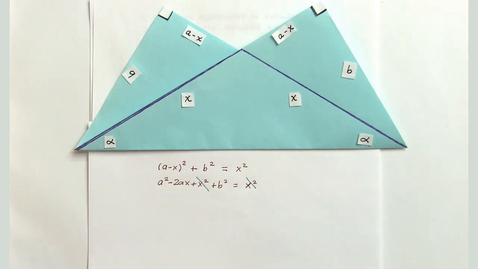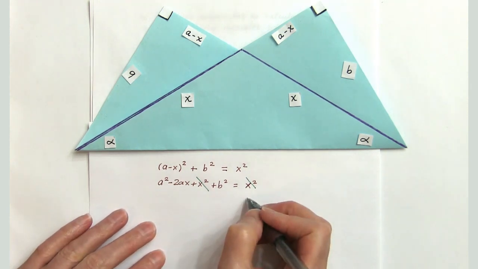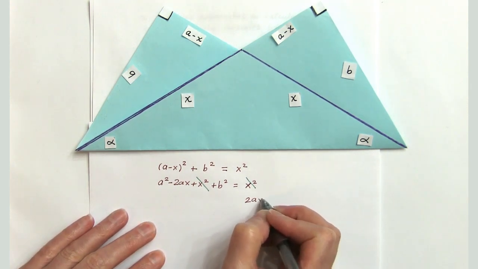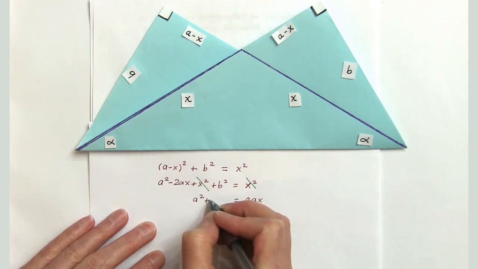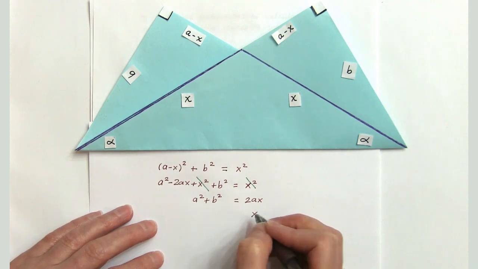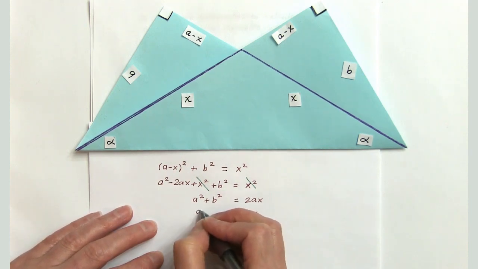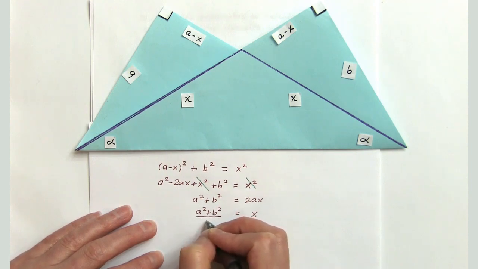So I can subtract x squared from both sides, and I can add 2ax to both sides, and I'm solving for x. So 2ax equals a squared plus b squared. And so I see that x, the quantity I wanted, is equal to a squared plus b squared over 2a.